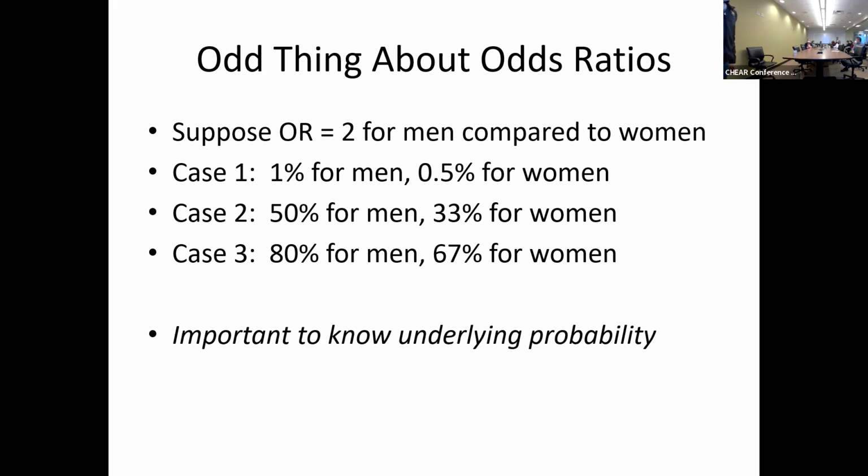This shows that when talking about odds ratios, or actually risk ratios or marginal effects or anything else, it's really important to show the underlying probability as well. A single statistic is usually not sufficient to convey fully what the study is about. So you'd want to say, the odds ratio is 2 and the underlying probabilities are something like this.